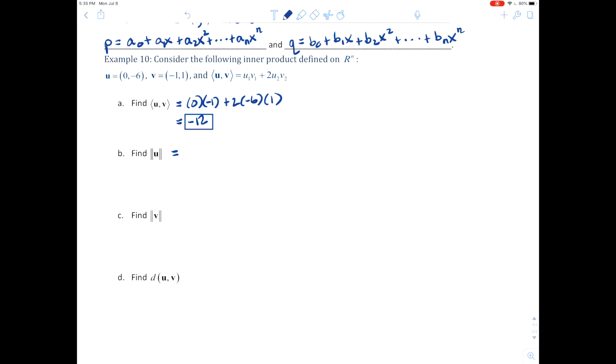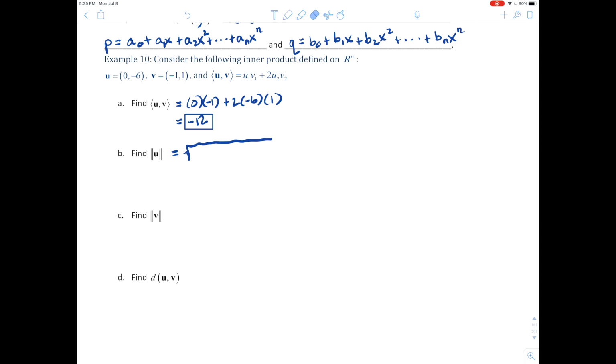So we have to use inner product because we're not using the Euclidean dot product, so you can't use the definitions that were based on the dot product, okay? So here we go. This is going to be the square root of the inner product, right?